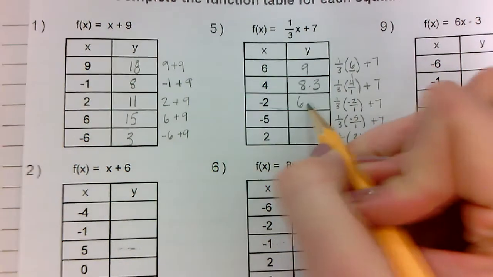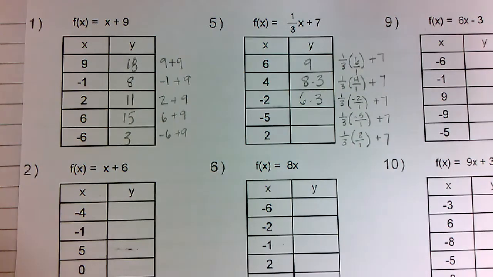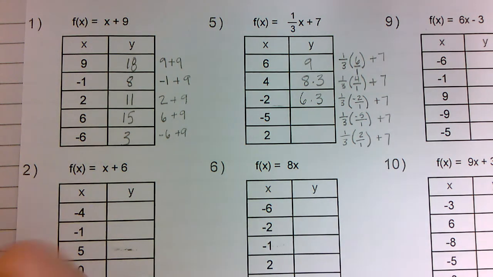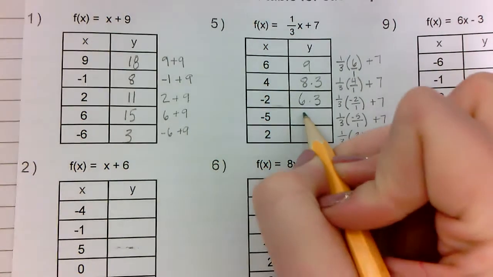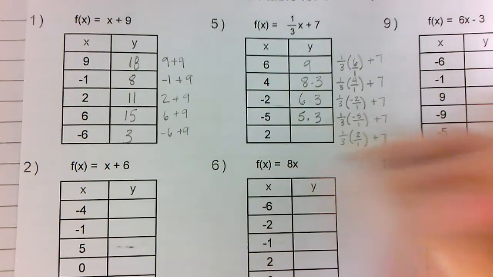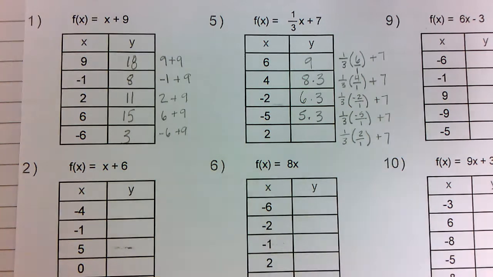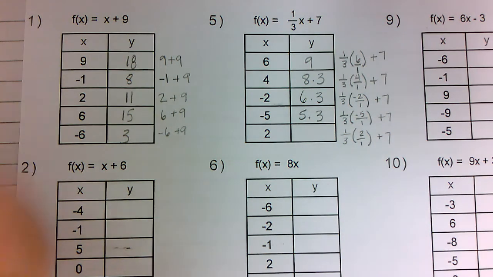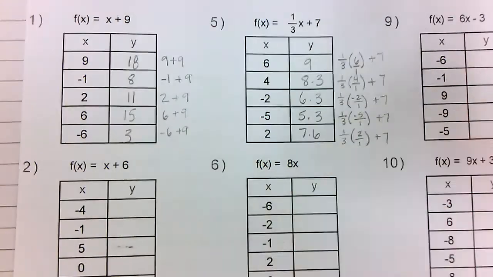That gives me 6.3. Then I'm going to do 1/3 times -5 plus 7. And I get 5 and 1/3. And then lastly, let's do 2. 2 times 1/3 plus 7 is 7.6.